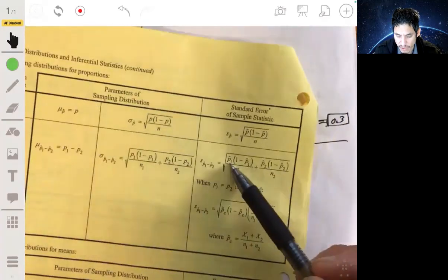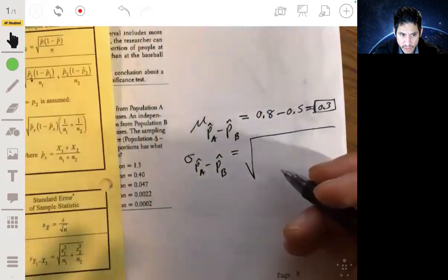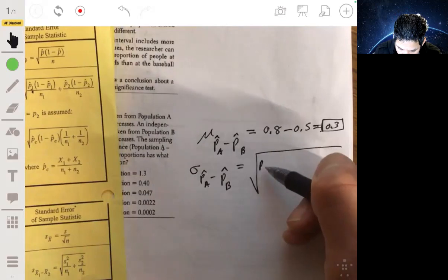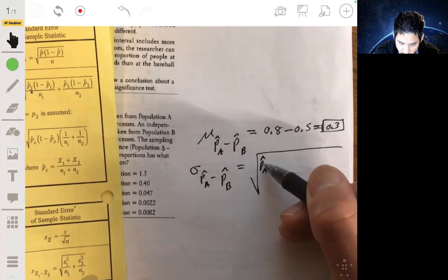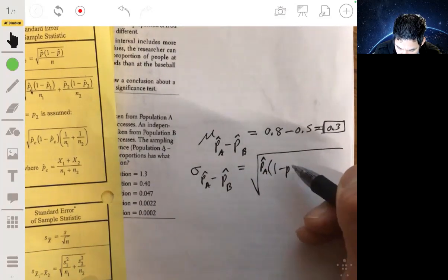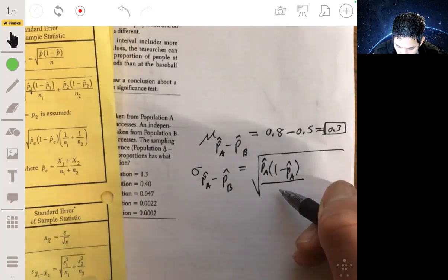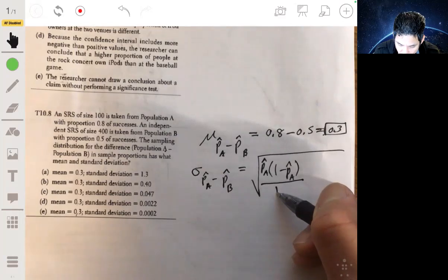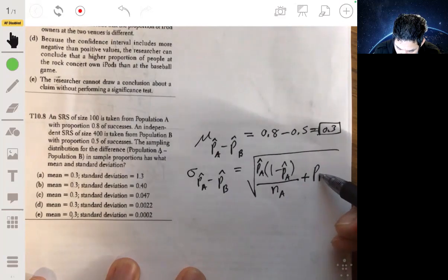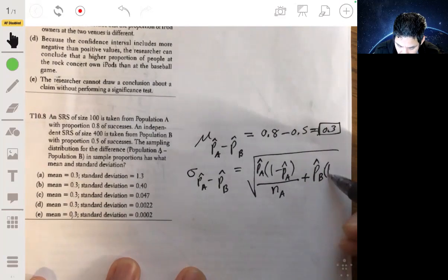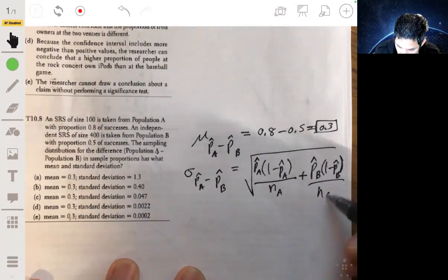Again, we'll call P1 PA since we're doing A minus B. So we'll have PA hat times 1 minus PA hat over N1, or the sample size of A, plus the sample proportion of group B times 1 minus the sample proportion of group B over the sample size of group B.